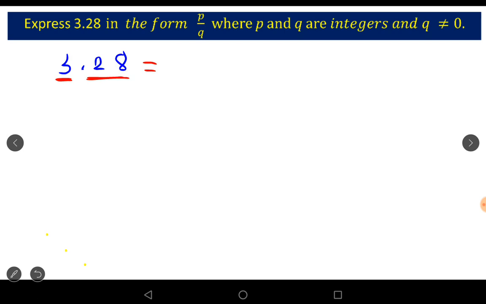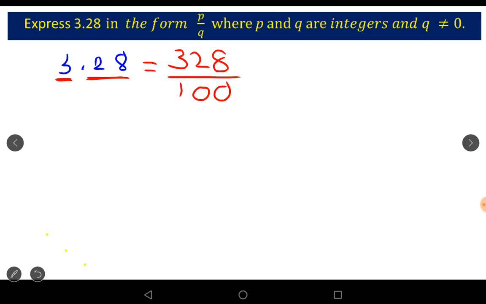First step, remove the decimal point, write the number in the numerator, 328. Denominator is 1 following 2 zeros, because in the decimal part there are 2 digits, 2 and 8, so write 2 zeros. 328 by 100.